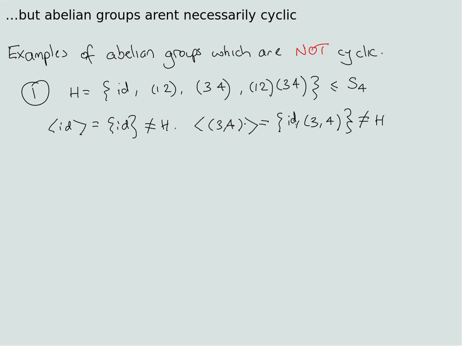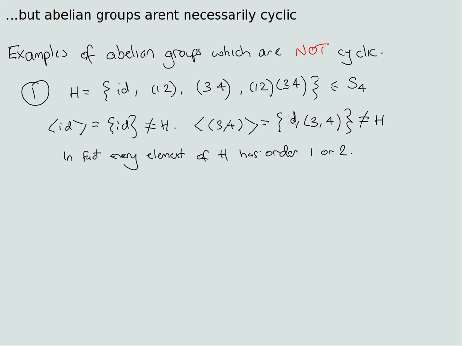But there really is a smarter way here, isn't there? Because we actually know the size of a cyclic subgroup. We know that the size of the cyclic subgroup generated by an element X is the order of X. So you could notice in H that every element has order 1 or 2.